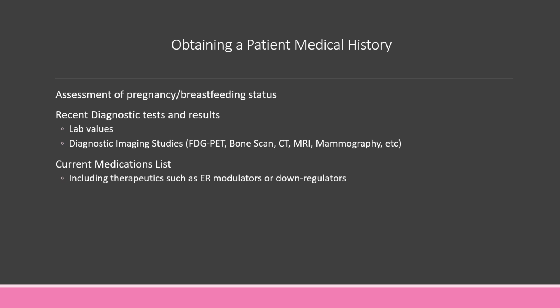When starting a patient for an FES study, it is important to include a very detailed patient medical history. This should include assessment of pregnancy and breastfeeding status, recent diagnostic tests and results, including results of all lab values and diagnostic imaging studies, and biopsies, so the results of biopsies and the heterogeneity or anything like that that may have shown up in a biopsy.